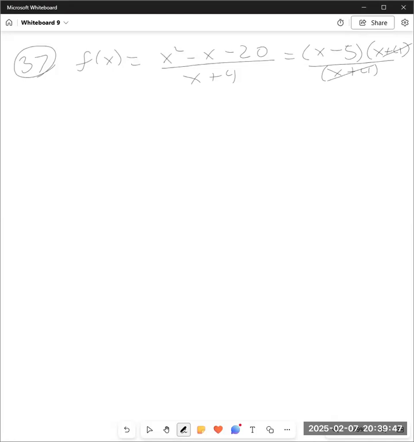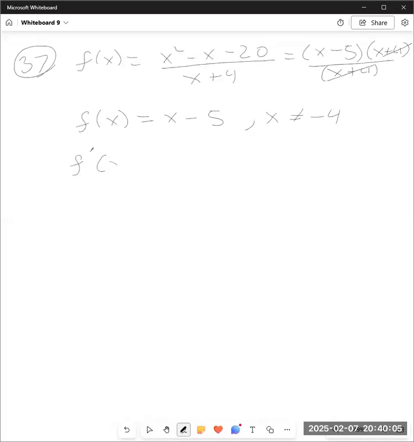And we can cancel that. So this becomes f of x is equal to x minus 5, as long as x is not equal to negative 4. It won't be differentiable at negative 4. There will be a hole in the graph there.